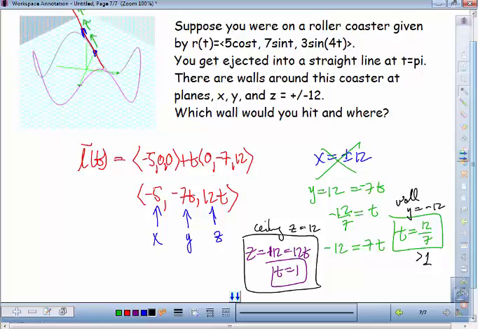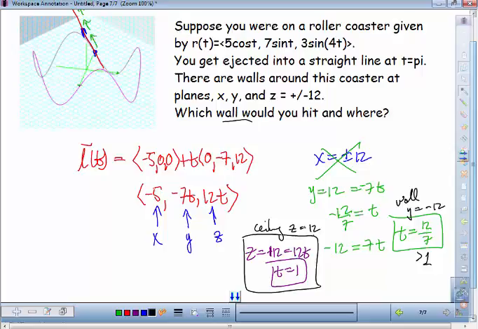So which wall would you hit? You would hit the ceiling, and then where would you hit it? You would still need to find the x and the y values. So I'll let you think about that. Since that one's bigger, it takes a longer time for you to hit the y wall.